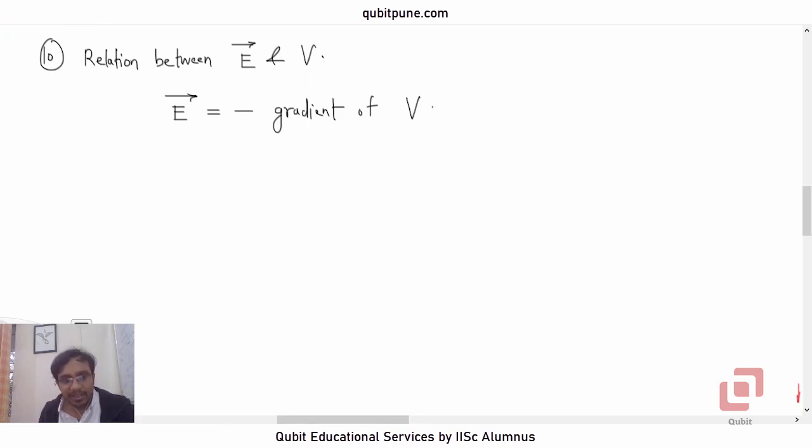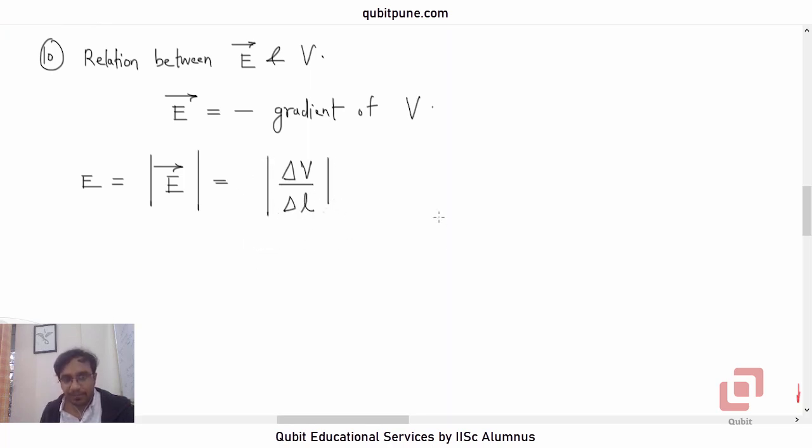So in this case, to make things simple, the electric field's magnitude is the potential difference divided by the distance.